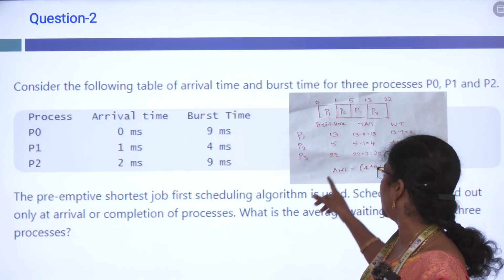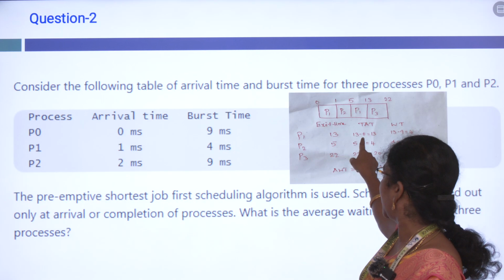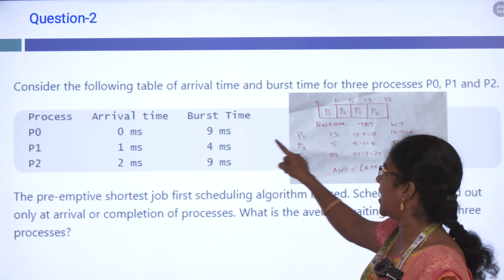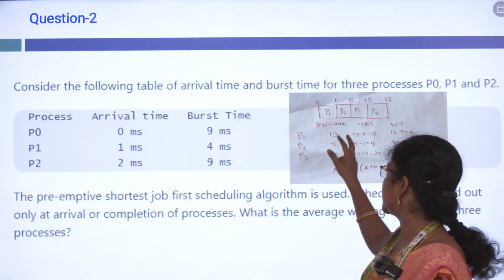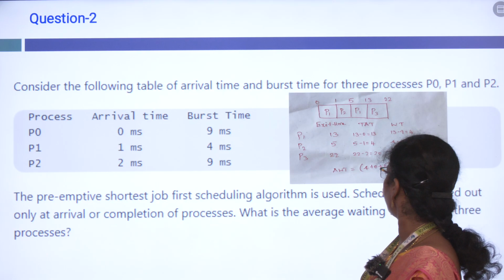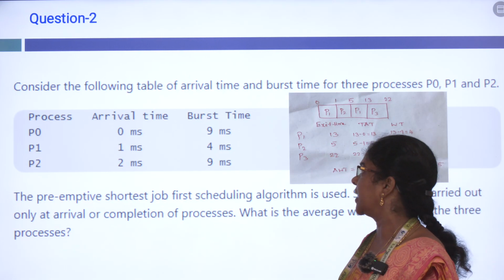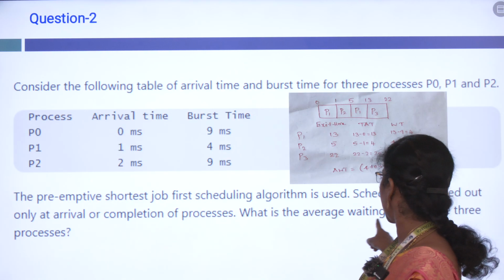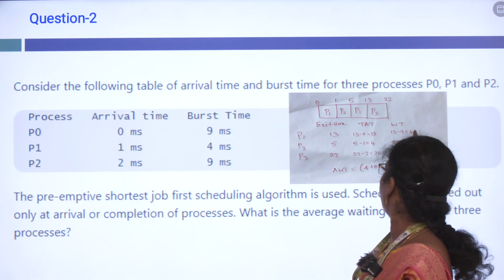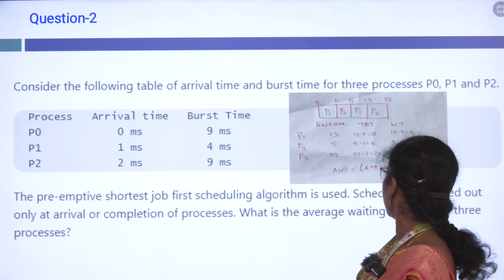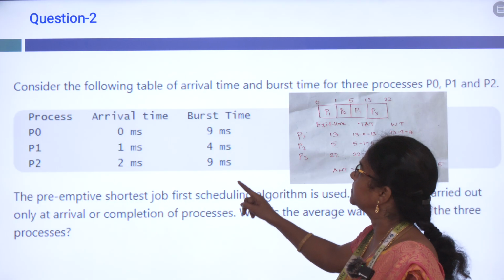We already know the formula: turnaround time is 13 minus arrival time 0, 5 minus arrival time 1, 22 minus 2. This is the turnaround time, then the waiting time. Finally you find the average waiting time, because this problem asks for the average waiting time of the processes. So 4 plus 0 plus 11 divided by 3, so the answer is 5.